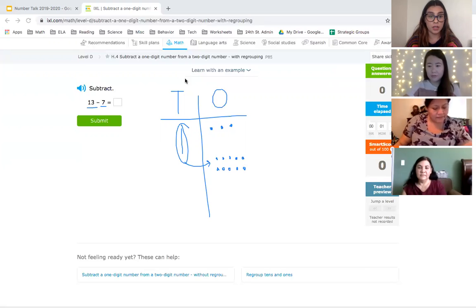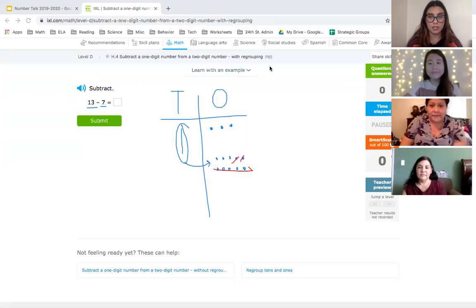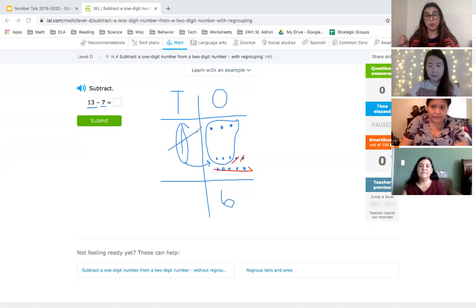So I'm going to use a different color just to show my thinking a lot clearer. So I know 7 has 5, 6, and 7. Okay. So now I see that my ones, I have 6 ones. And remember that this 10 was taken away and regrouped into 10 units, so it's not there anymore.